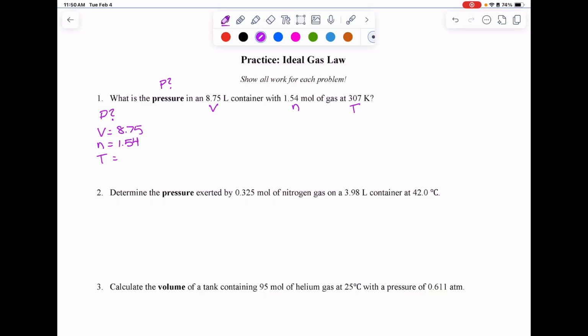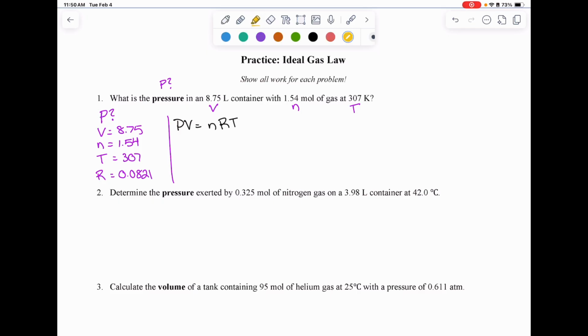Temperature is 307. And one other variable that we have not touched yet is R. Now, R is the ideal gas constant. And this is 0.0821. And you're going to use this every single time you have an ideal gas problem. So the ideal gas equation is PV is equal to nRT.